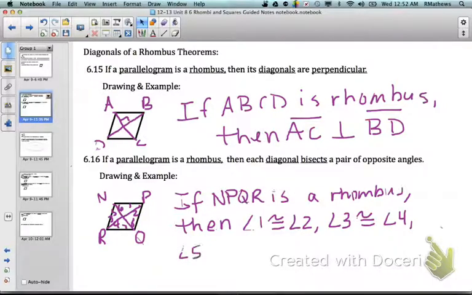Angle 5 is congruent to angle 6. And angle 7 is congruent to angle 8. So everything will end up being congruent to each other.